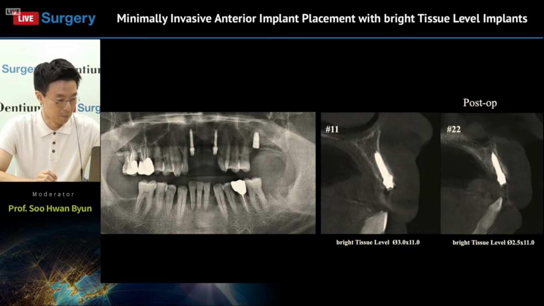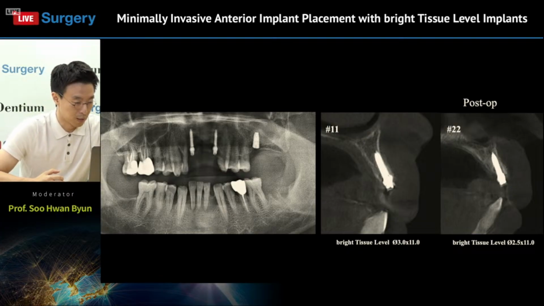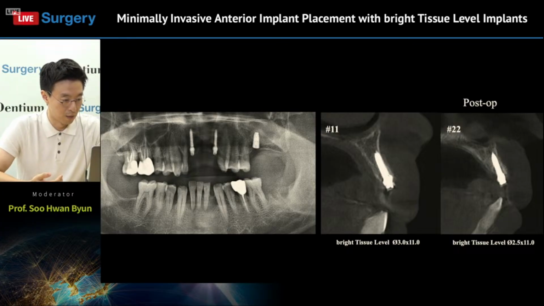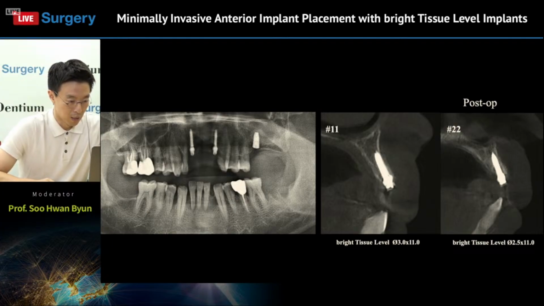We did minimal bone graft on labial exposure site, and we can see that both fixtures were well positioned in alveolar ridge area.